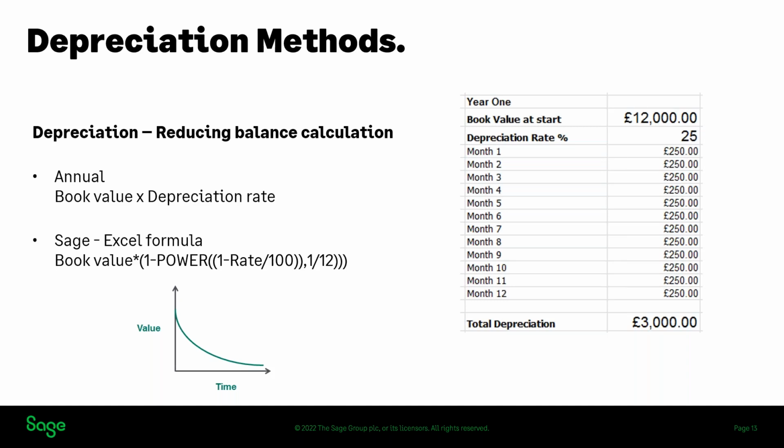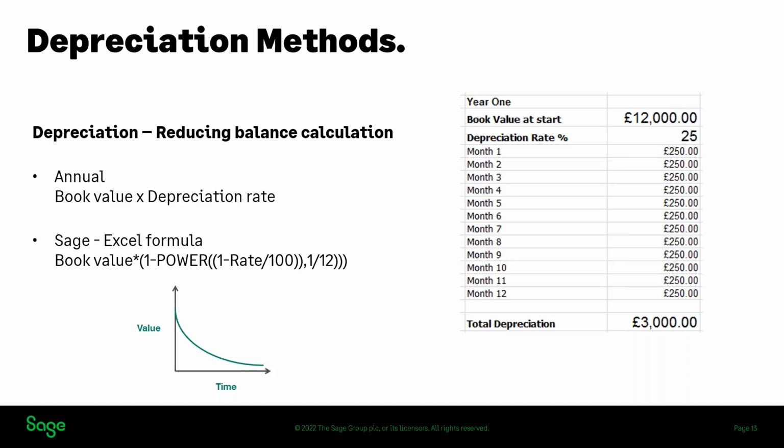But over the course of the year, depreciating it over 12 months, it would still add up to the equivalent of the annual depreciation. Now, some people like to use this, and historically, it's quite a complex calculation. But if you are using it in Excel, I've included the formula so that you can calculate the reducing balance depreciation value on a monthly basis.